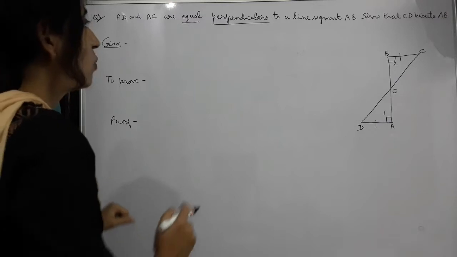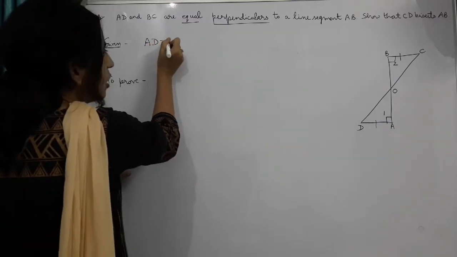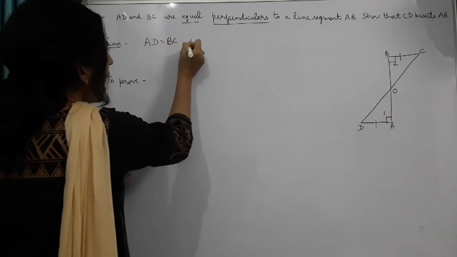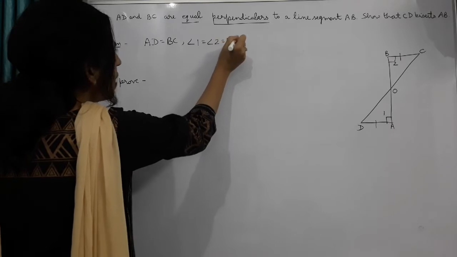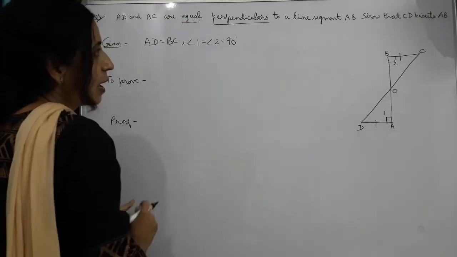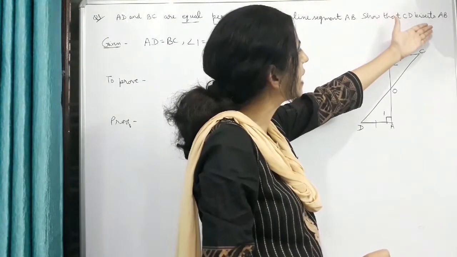So let us write down given over here. AD is equal to BC and angle 1 is equal to angle 2, which is of measure 90 degrees. Now we have to prove that CD bisects AB.